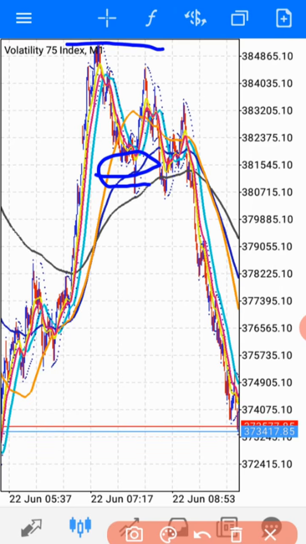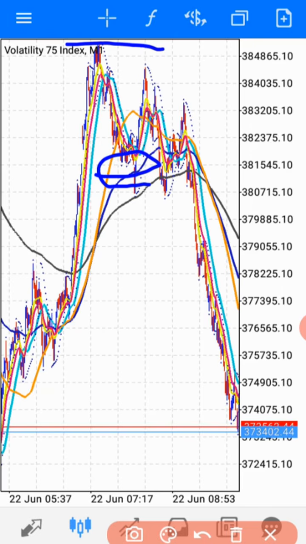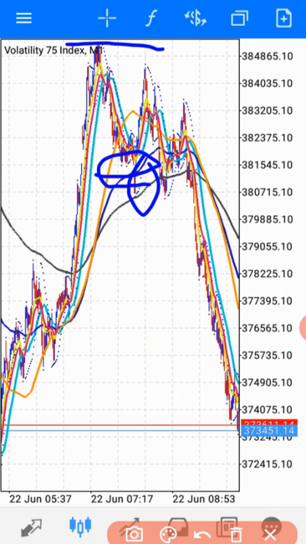But in a situation whereby, like here, when we set our stop the price had already come in our favor, we are in profit, so we shifted it.